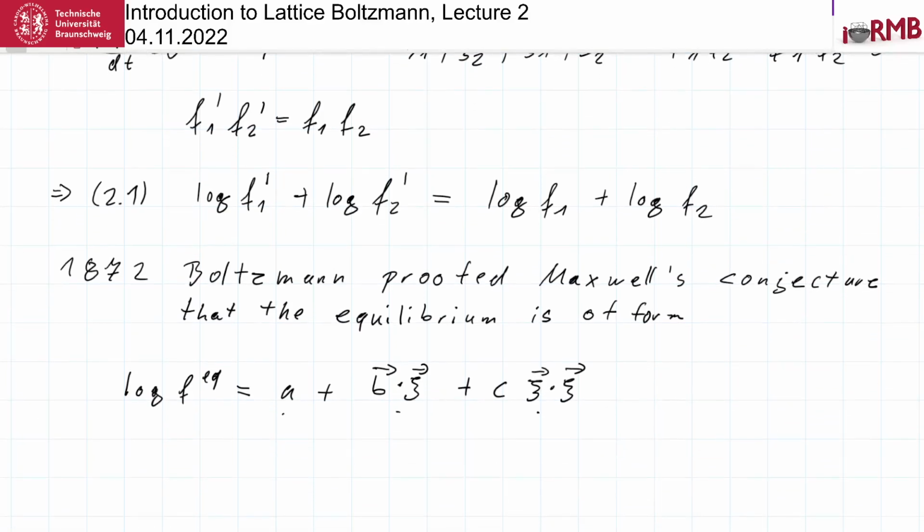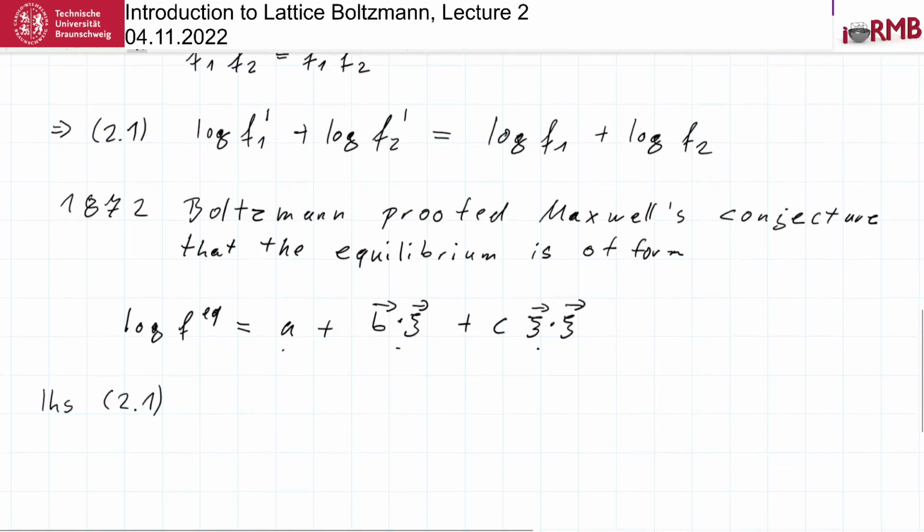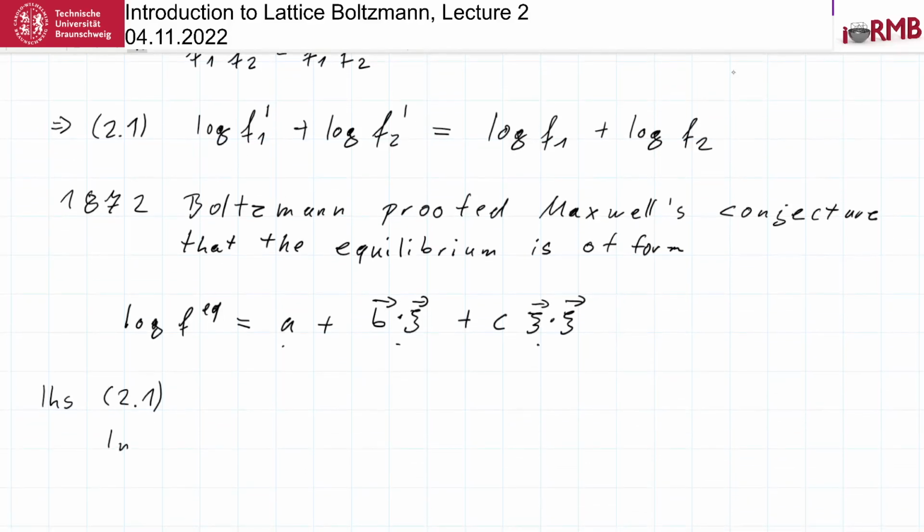The way we see that, at least this is not inconsistent, even though I'm not going to prove that this is the only solution. But let's just make it relatively simple. We look at the left-hand side of equation 2.1, where we have ln f1 after collision plus ln f2 after collision.